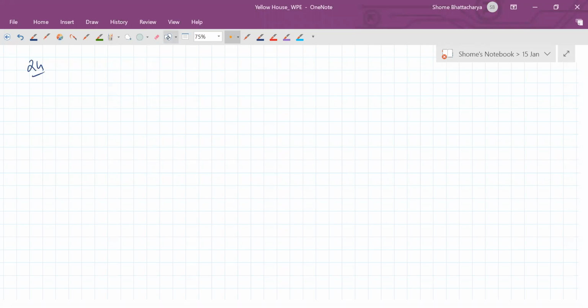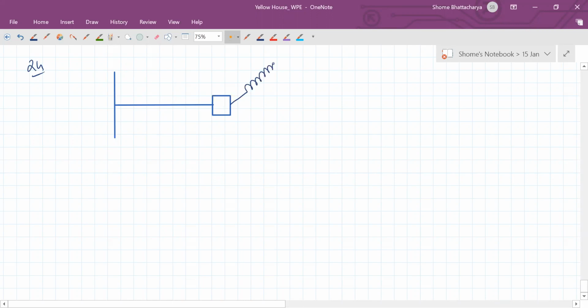So that is like this: you have a block which is kept in equilibrium like this by connecting it to a spring on one side, which is like this, and a thread on the other side, which is like this.